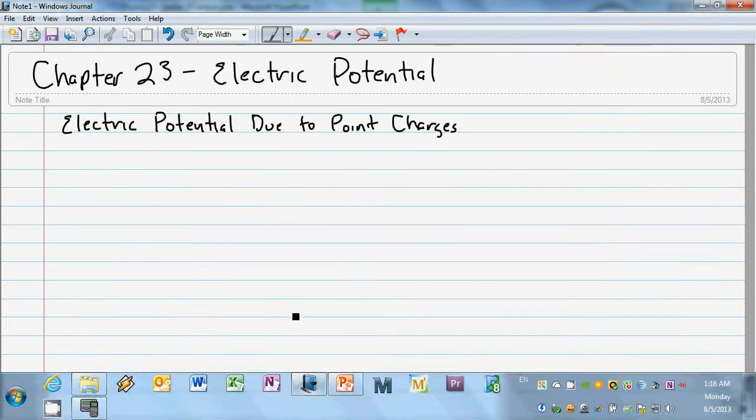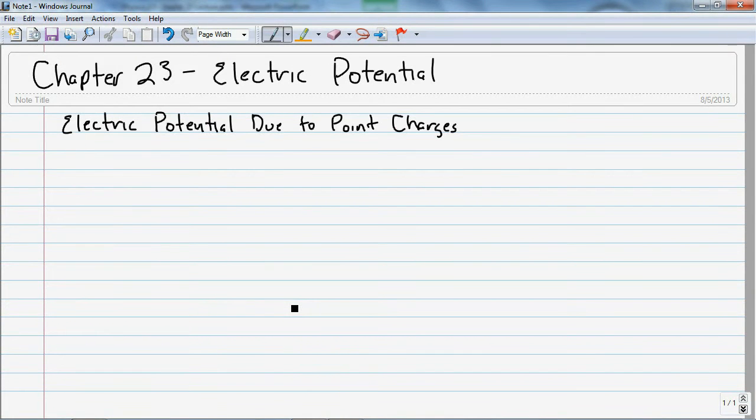So let's get the values of the electric fields at those points.